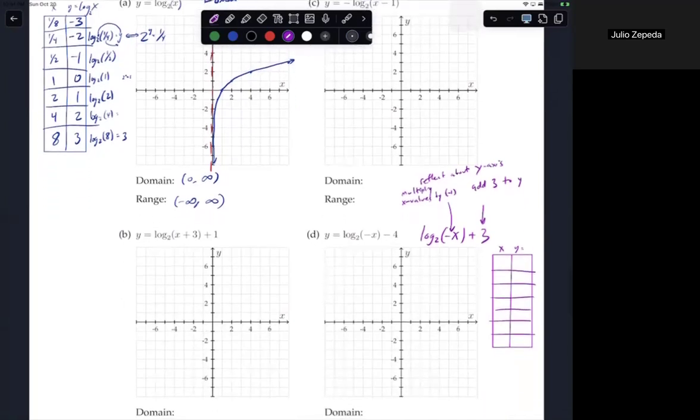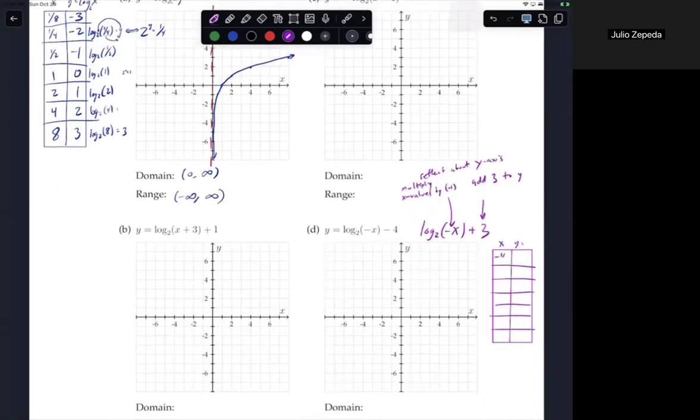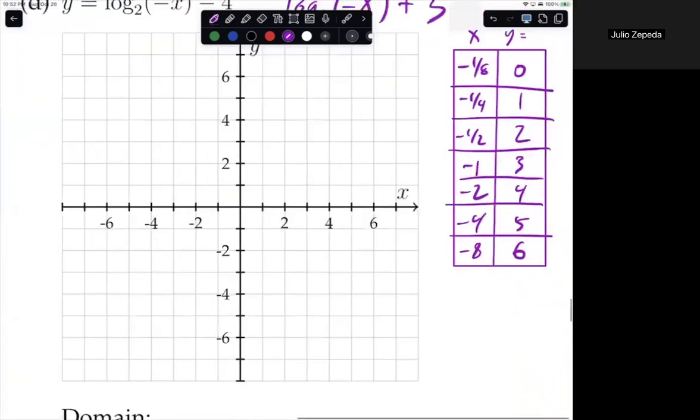So all of the x values are going to become negative: -1/8, -1/4, -1/2, -1, -2, -4, and -8. And then all of the y values are going to increase by 3. So I'm going to get 0, 1, 2, 3, 4, 5, and 6. Let's plot these points and see what we get.